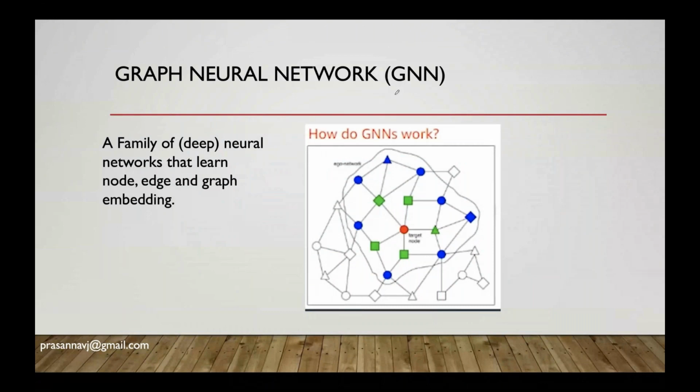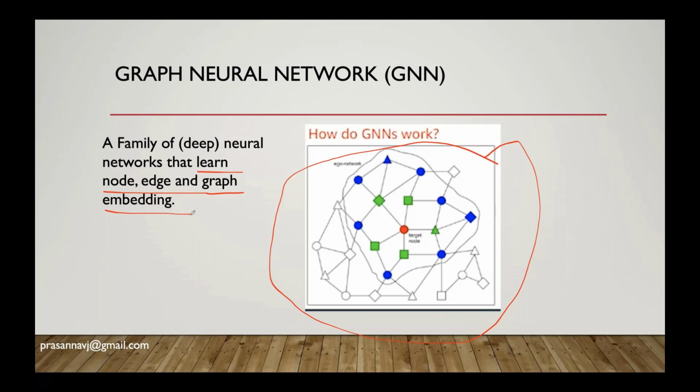Assuming you have a graph like this, and you want to do the graph neural network operation, the actual neural network operation is nothing but it learns the node, edge and the graph embedding. So what it means, let me start with this particular node.